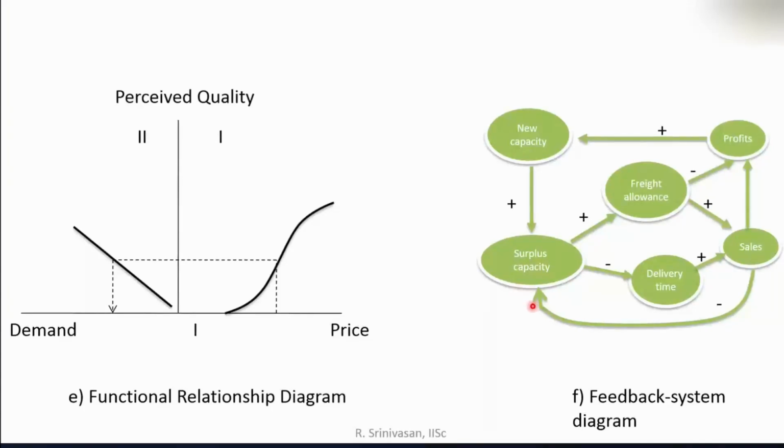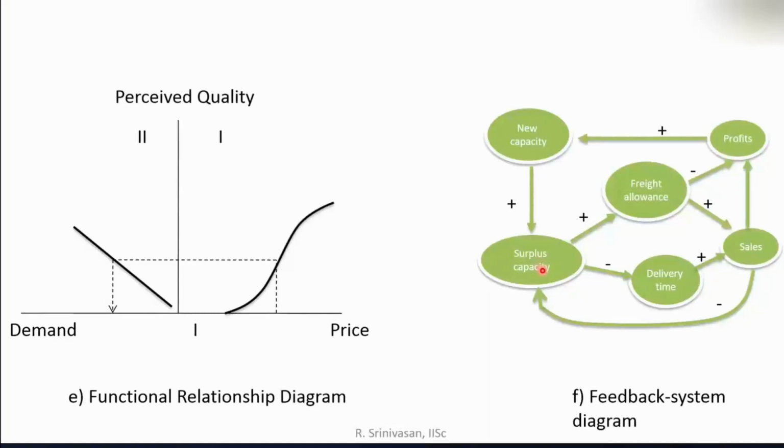What is going to happen? You are likely to have a positive effect on freight alliance, and possibly these profits may increase due to this new capacity getting created. But what is likely to happen with respect to the freights? The freight alliances are going to increase. It may cut into your profits a little.